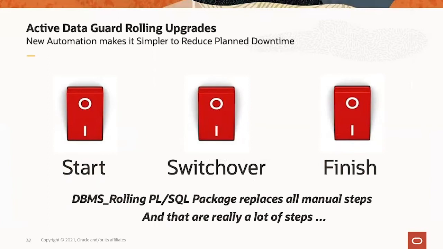Also, something very good in DBMS rolling is that, yes, we are still using the transient logical standby database, but we are also protecting you from the unsupported objects. So we have views in the database related to DBMS rolling that inform you about unsupported objects.